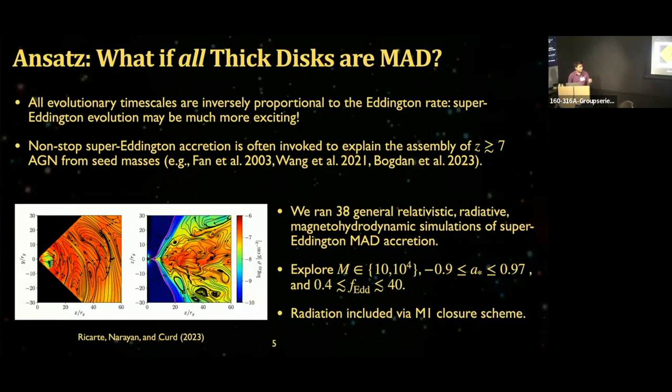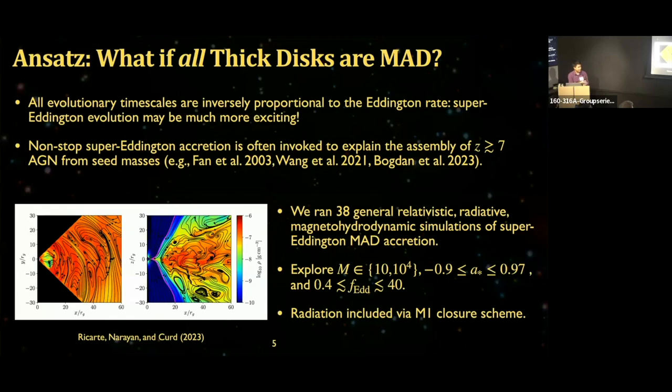So in this case, we looked at super Eddington accretion with 38 different radiative simulations. These explored two different masses, which correspond to fiducial light and heavy seed masses, so 10 and 10^4, a variety of spins, and a variety of Eddington ratios.